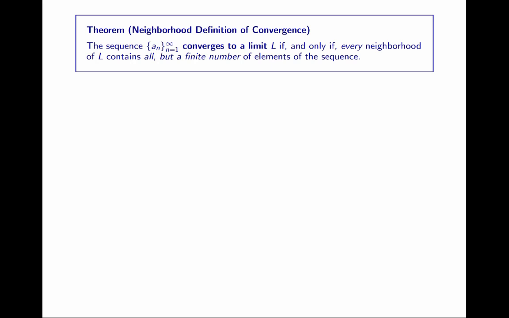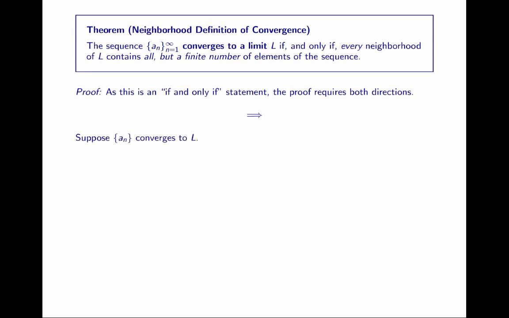The sequence a_n converges to a limit L if and only if every neighborhood of L, every single one, contains all but a finite number of elements of the sequence. So we'll prove it, and as this is an if and only if statement, the proof requires both directions. So we need a forward direction. And let's just think about this for a little bit.